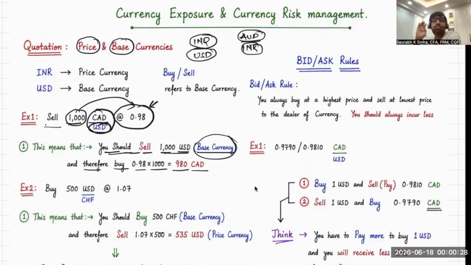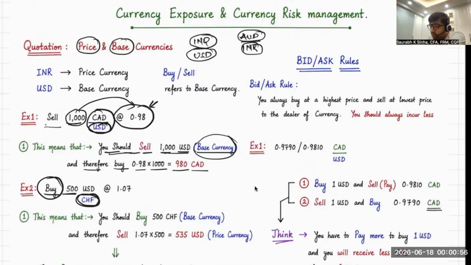So what is the important rule? Every time, whatever is written, whether it says buying or selling, it is about the base currency. And the opposite transaction happens for the price currency: if you're buying, then the opposite transaction, that is sell, happens for the price currency. So buy CHF, how many CHF? 500.